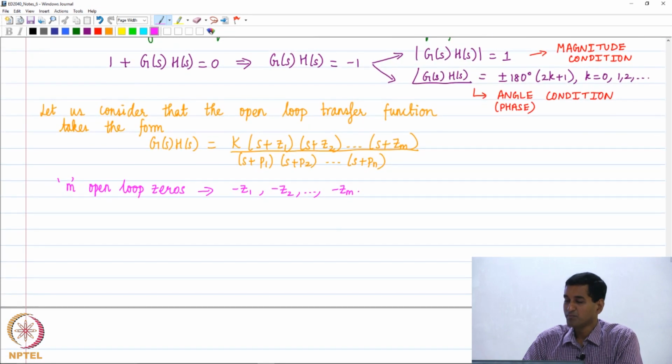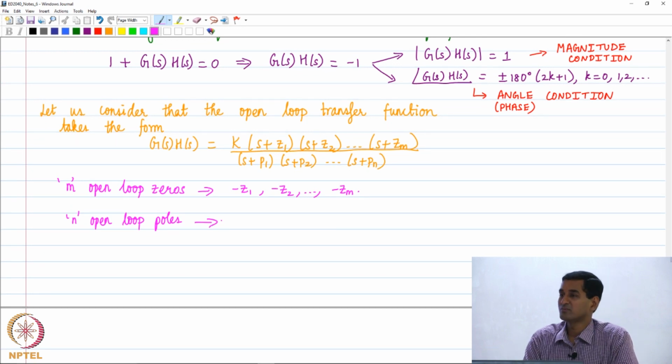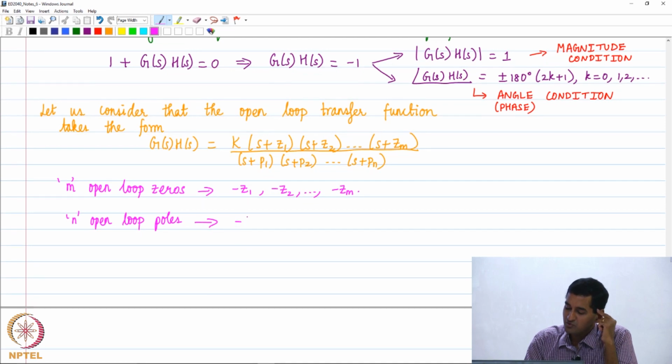So there are m open loop zeros, and there are n open loop poles. I am sure all of us remember what is meant by open loop zeros and open loop poles: open loop zeros are the zeros of the open loop transfer function, and open loop poles are the poles of the open loop transfer function. So what are the n open loop poles? They are minus p1, minus p2 all the way till minus pn.